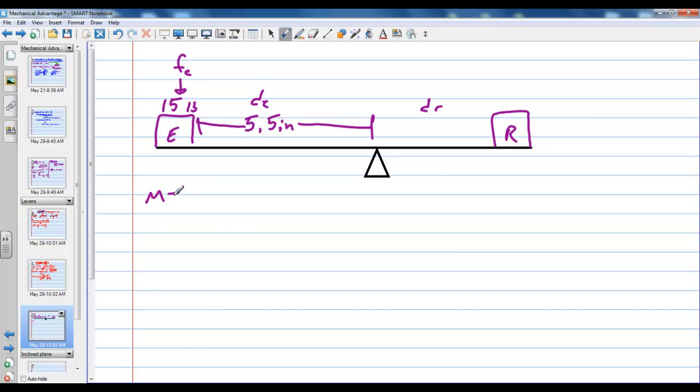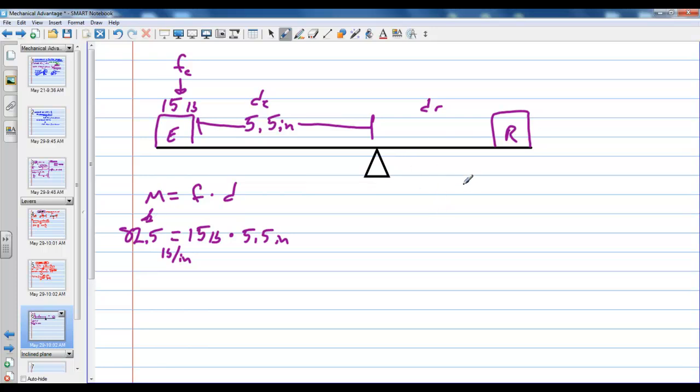The moment is equal to force times distance, which is equal to 15 pounds times 5.5 inches. That gives us a total of 82.5 pound inches. So we know that that's our moment on that side.